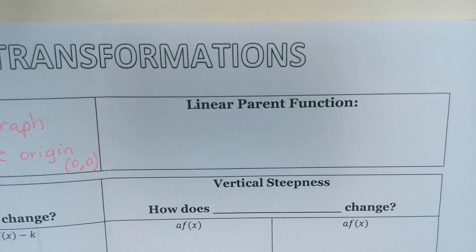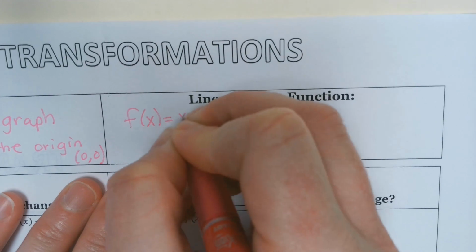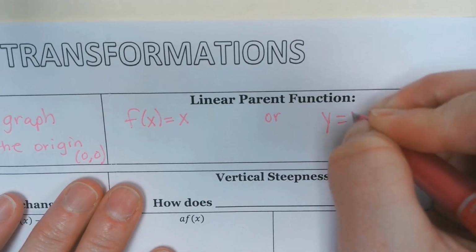That's the untransformed graph. And this is f of x equals x, or we could say y equals x.